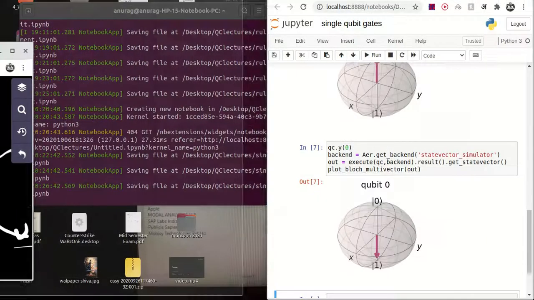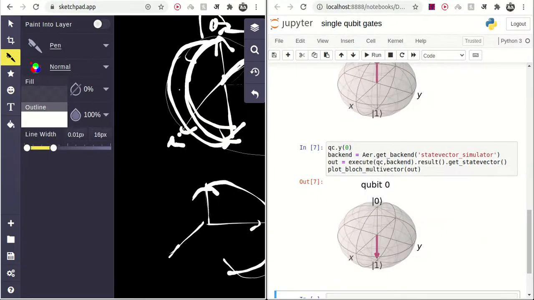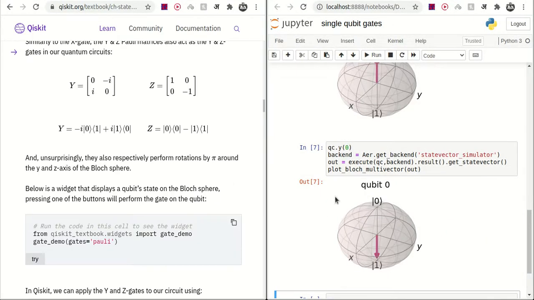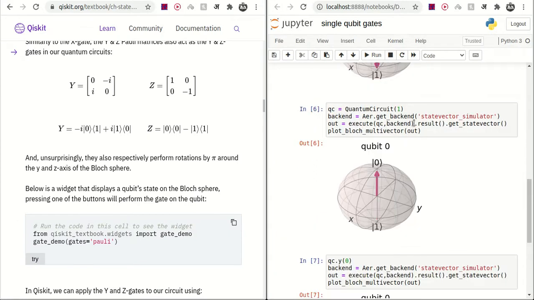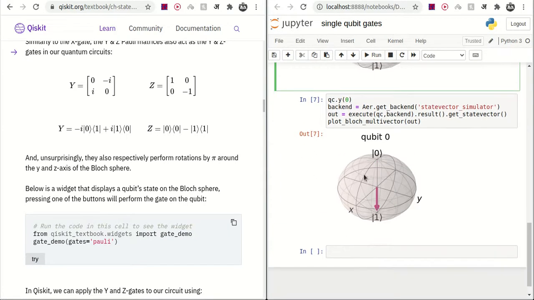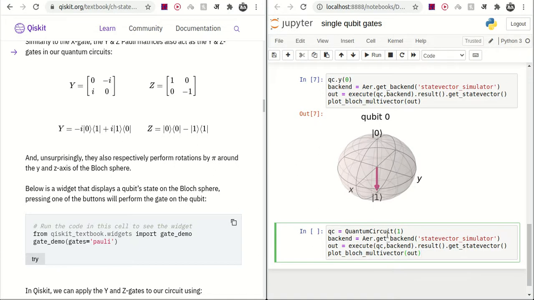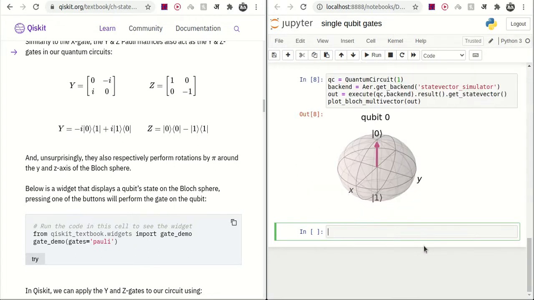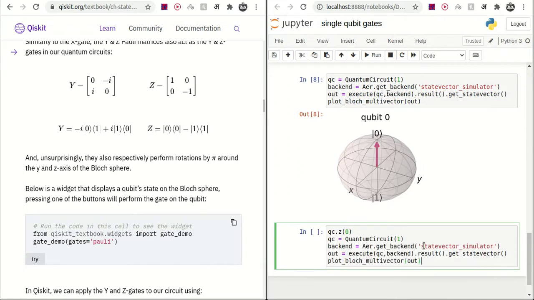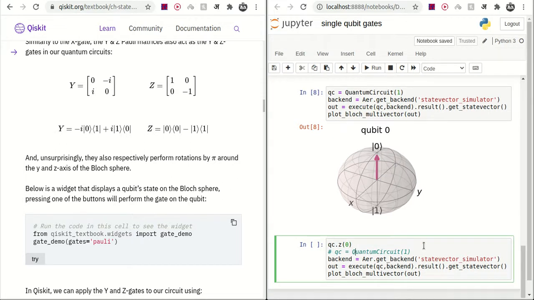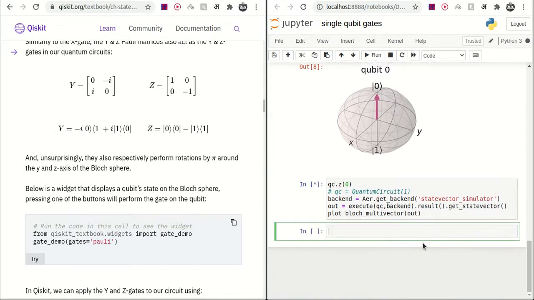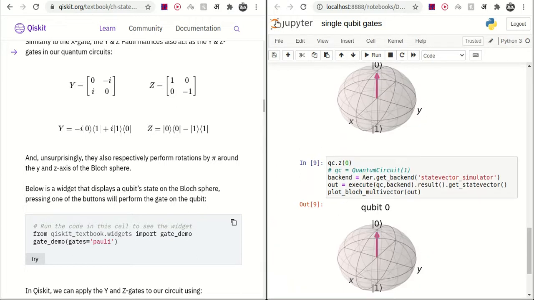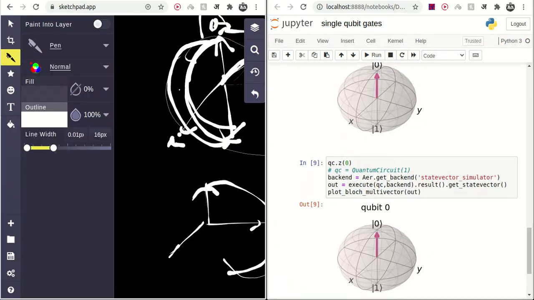Now see the Z gate. QC dot z 0. Along the z axis there is no rotation.